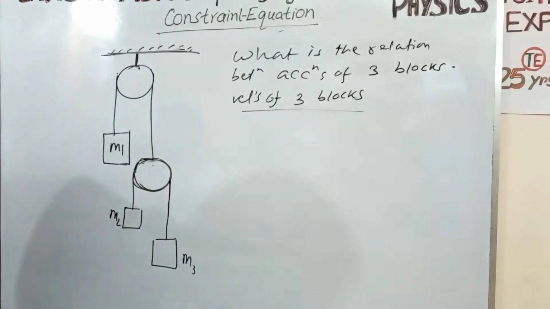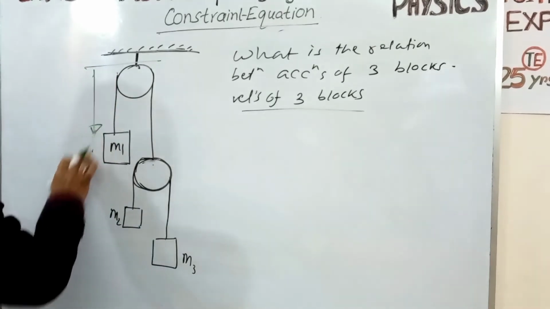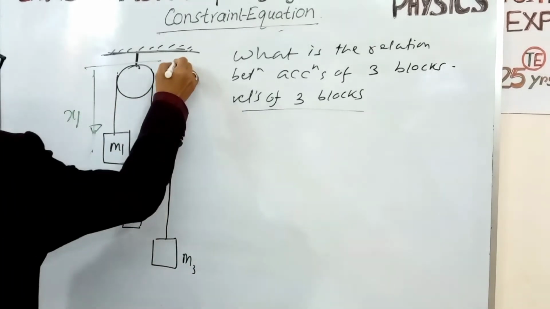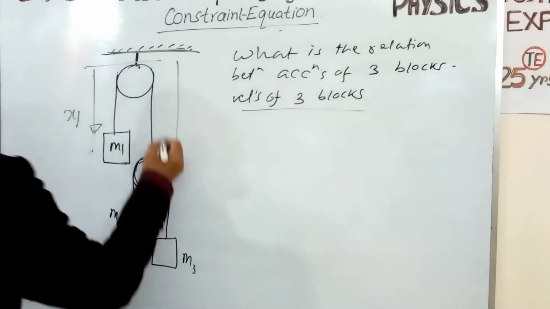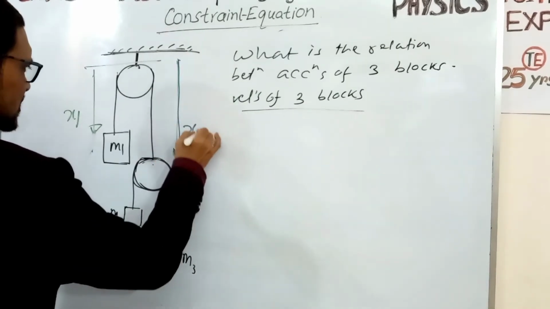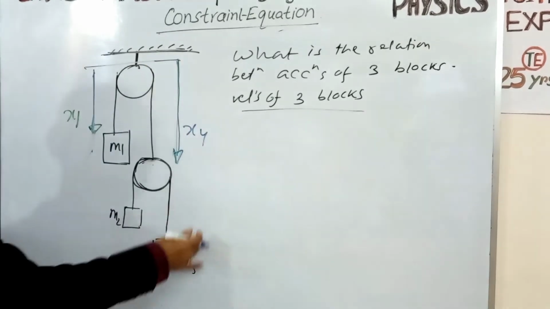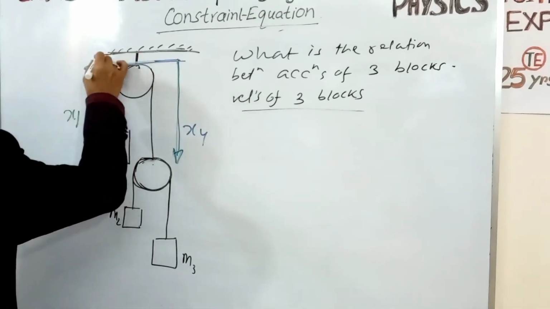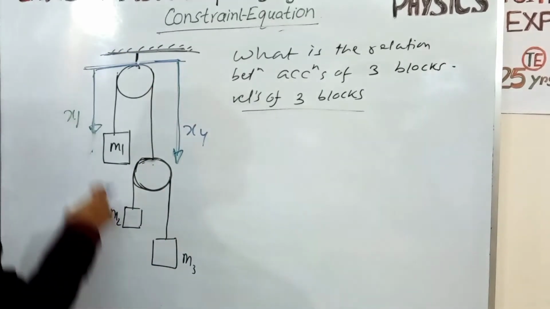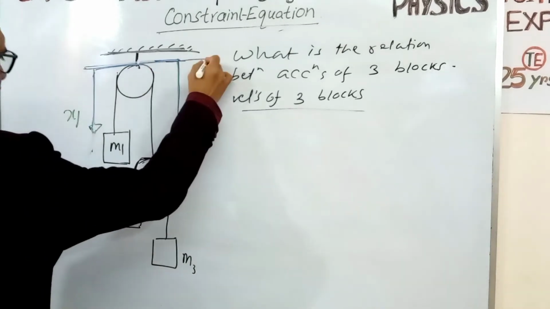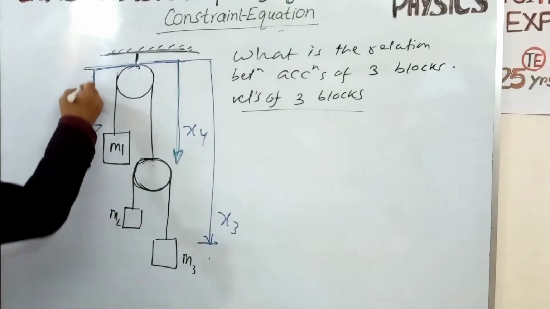So what is the constraint equation here? Suppose this distance is x1 and this length is x4. We always take the distance from the fixed point. So this is x1, this is x4, suppose this is x3, and this distance is x2.